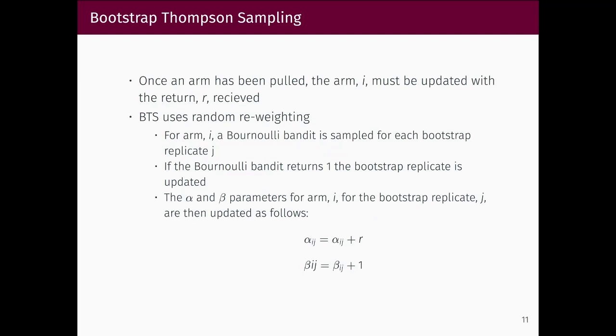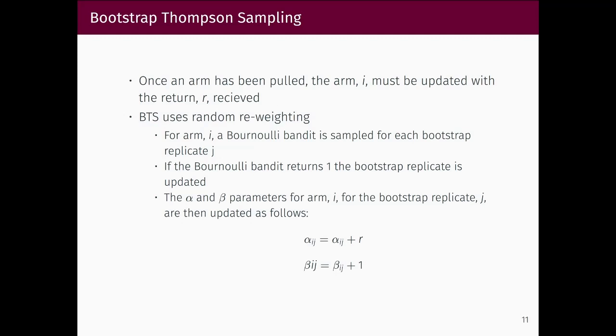Once we've executed an action or pulled an arm in a multi-arm bandit setting, we must update that arm. We simply update the arm with the return that we received. BTS uses a random reweighting strategy to update the distributions. This can be done online, it's computationally cheap, and it's a good method.